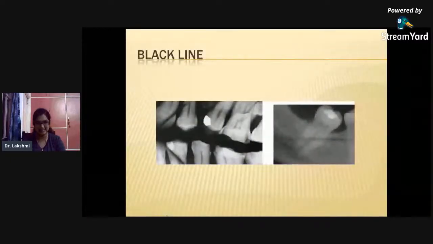If you bend it excessively, then a black line is formed. Okay.